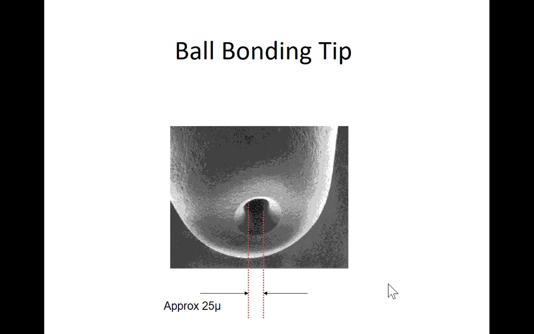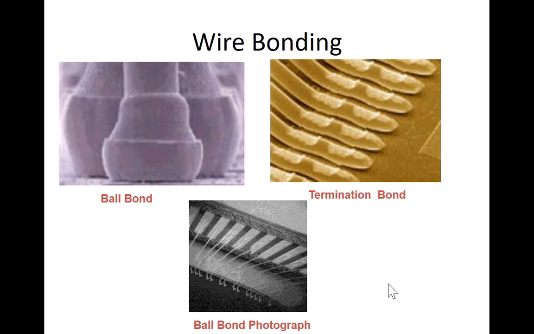So here's the 25 micron hole, plus just a little bit so the wire slides through it. And this is what mashes the ball down. So that's really magnified a lot, that capillary. These are actual photographs of a ball bond. And you can see where the ball was mashed down here, and there's the wire that we had on top.